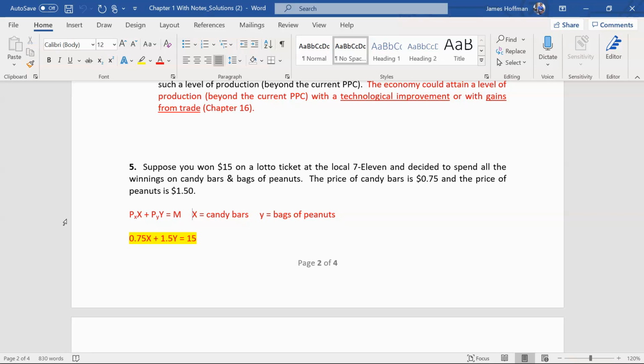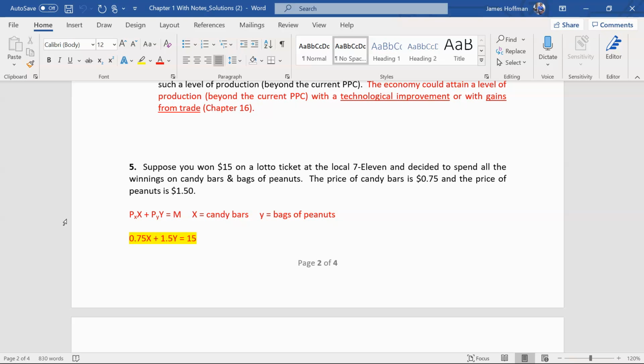Okay, so for the purpose of this example, let's make good X candy bars and good Y peanuts, and then you can simply represent the information in the word problem in the general equation. So the price of good X is 75 cents, so PX is 75. The price of good Y is $1.50, so 1.5, and then your income is $15.